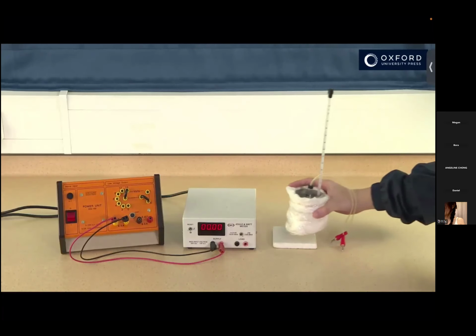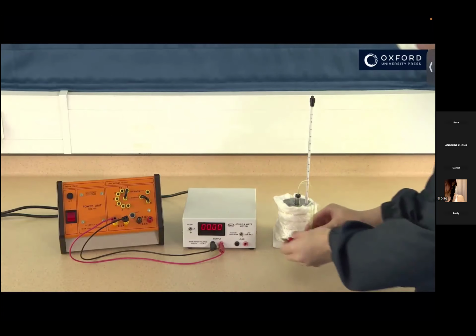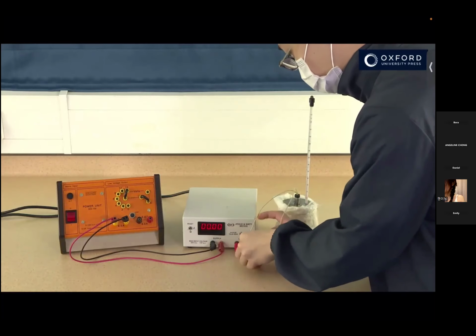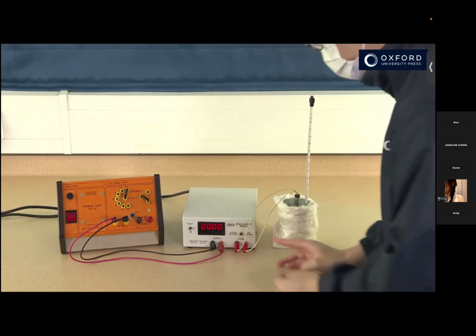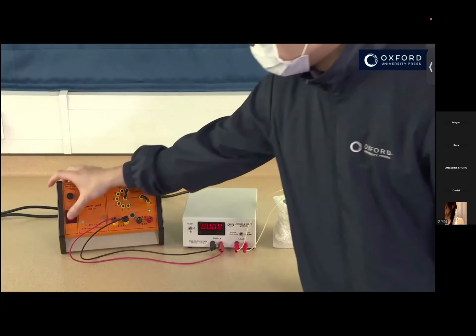Place the block on a polystyrene tile. Record the initial temperature of the block and the initial joule meter reading. Switch on the heater.